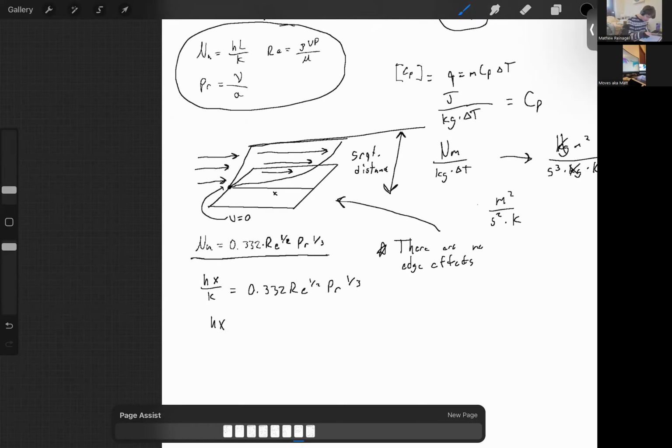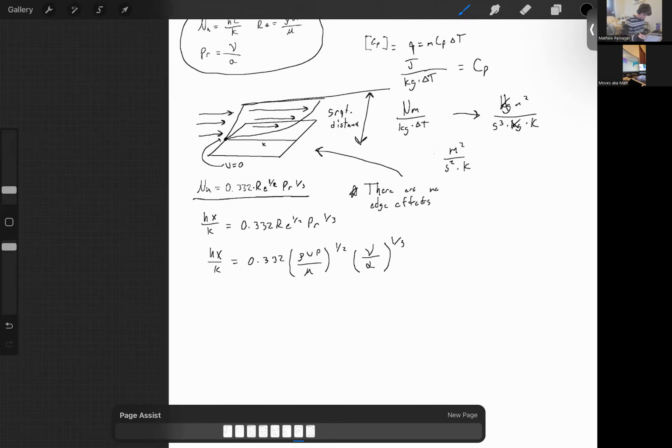I'm going to say Reynolds number 0.332, and all this will be the group to the power of 1/2. So this is density, velocity, and change of distance, over viscosity, to the power 1/2. And this is the thermal conductivity group.